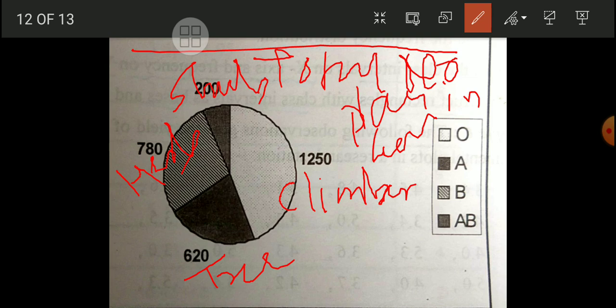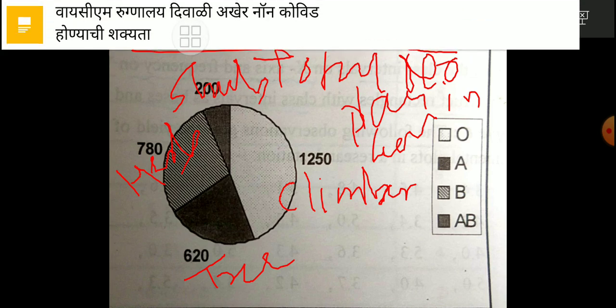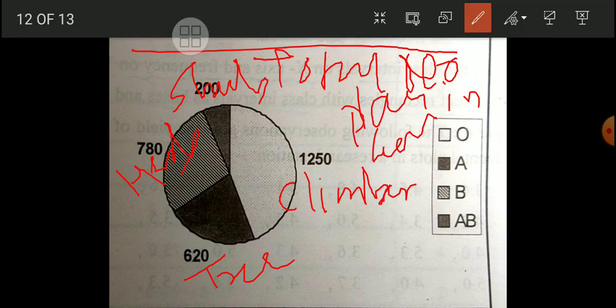Such a situation does not actually occur, but for our own understanding we have to understand how the pie diagram is going to be used, just to find out the area under the plants, or the number of plants in a single garden. So this we will be able to understand very easily, isn't it?